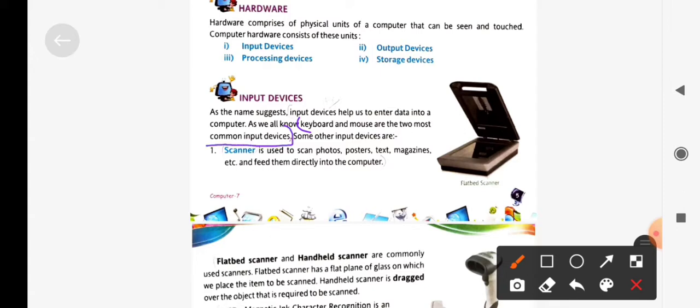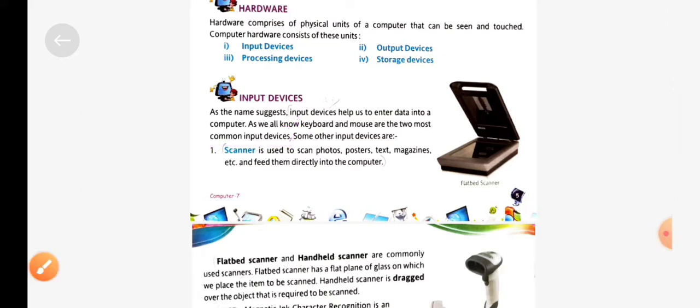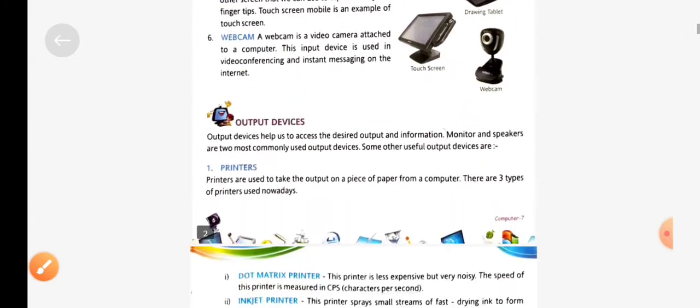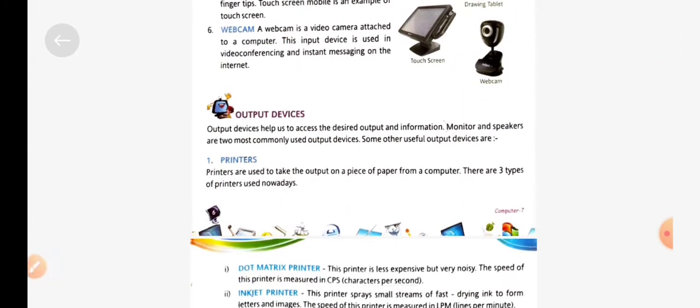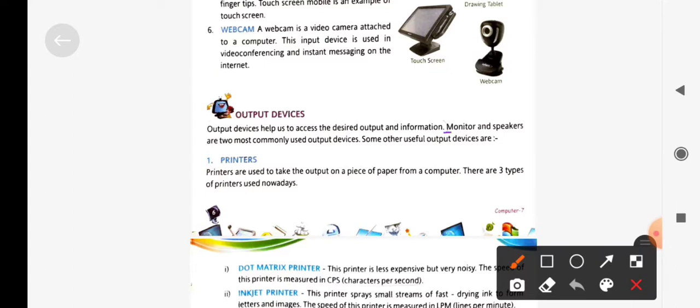This portion firstly you write down because only about the input devices it is asking, right? So only this much you write down. After that you turn to page number 6, and you write down monitor and speaker are 2 most commonly used output devices, because in the question 2 input and 2 output devices it is asking. That is why 2 input devices from page number 5 and 2 output devices from page number 6 you have to write down. This is your short answer, second one.